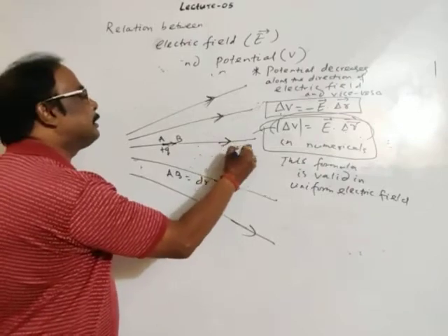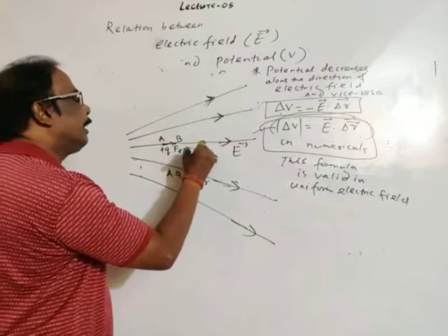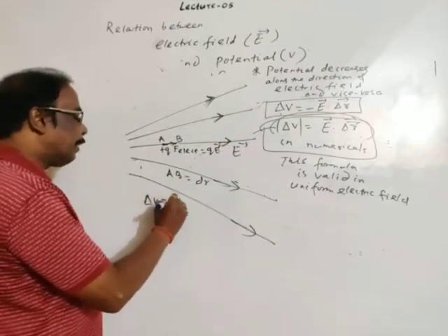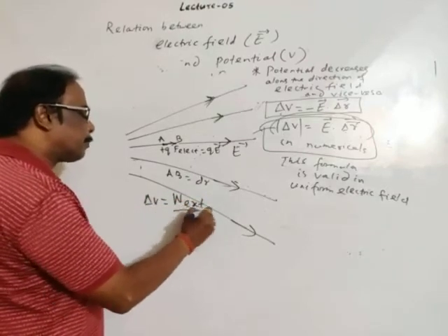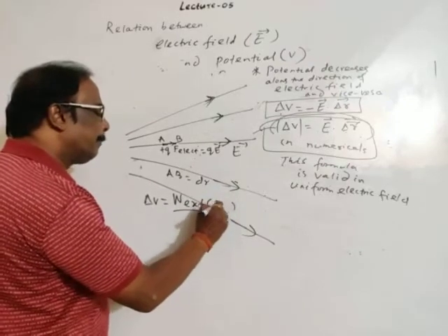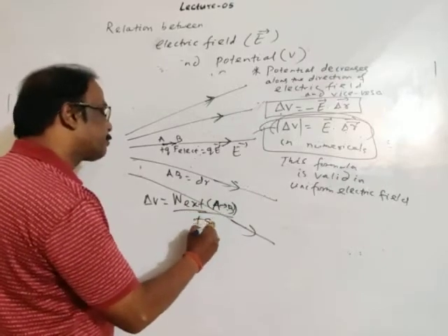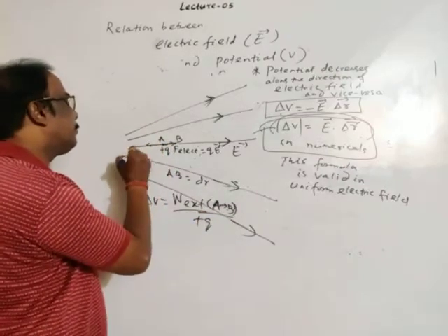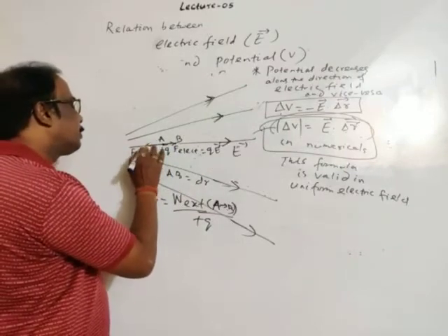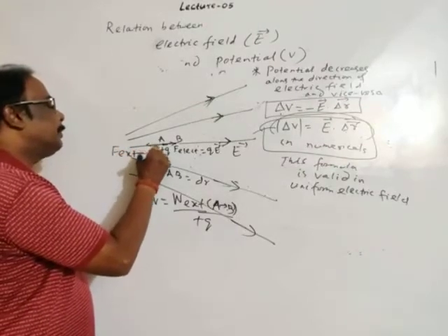Since this is the direction of electric field, this is the force experienced by the charge, QE. But potential difference is equal to work done by an external force to move the charge from A to B, per unit charge. So we have to apply an external force. External force is also equal to QE, but opposite in direction, means minus QE.